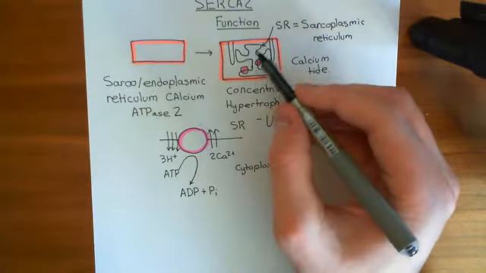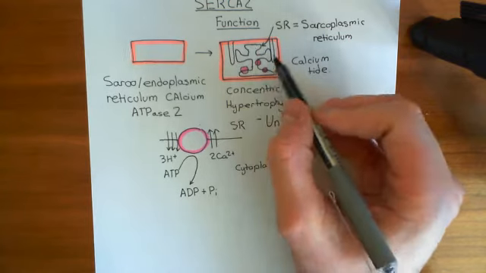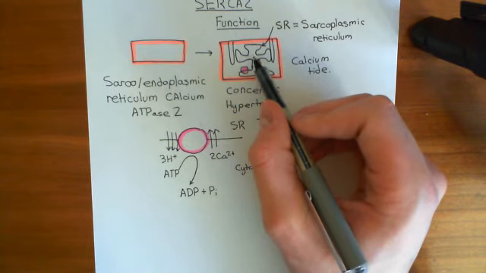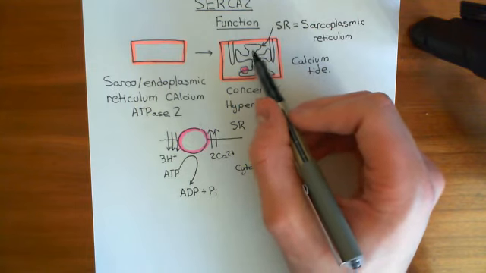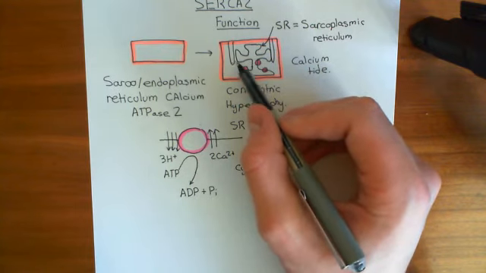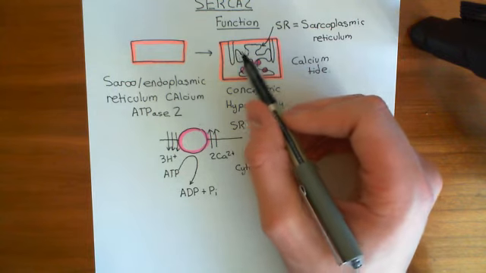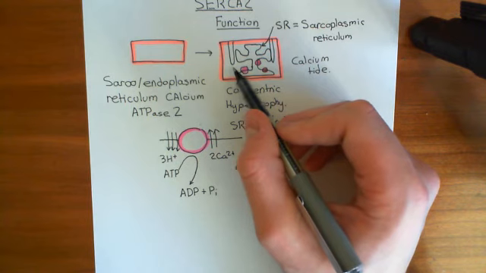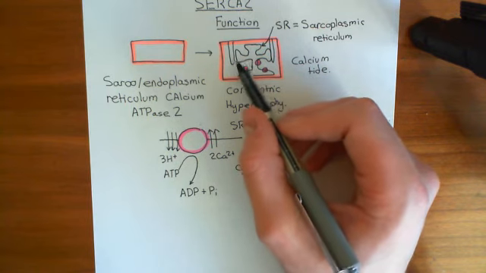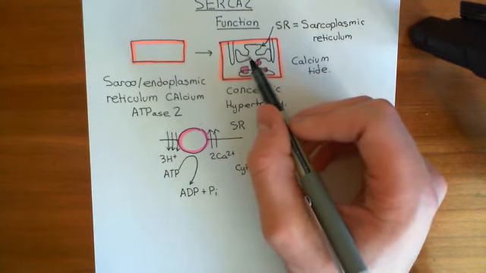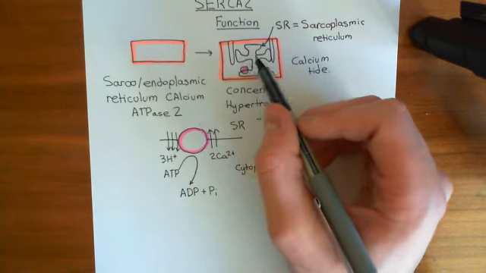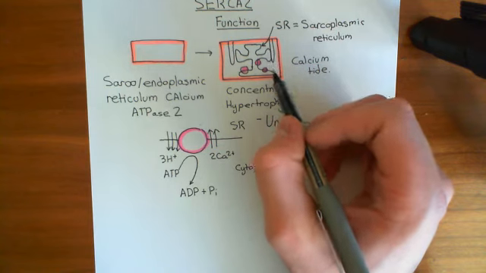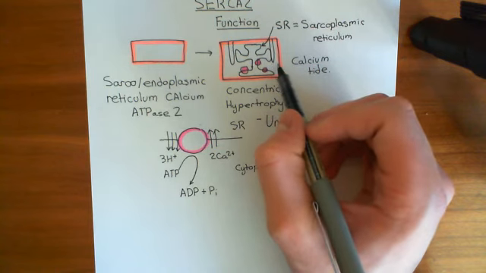Remember, the problem in this concentric hypertrophied cardiomyocyte is that because the SERCA pump is underfunctioning, the amount of calcium in the SR lumen is too small. So when this cardiomyocyte undergoes an action potential, the amount of calcium released is too small, and therefore you don't recruit as many sarcomeres and you don't generate as much force. That's why we think this concentric hypertrophied cardiomyocyte is less capable of producing force.